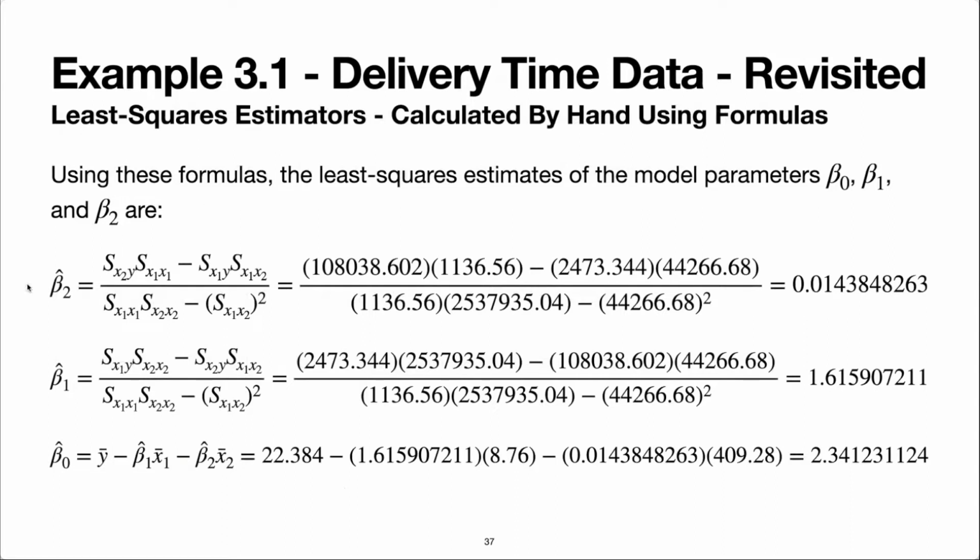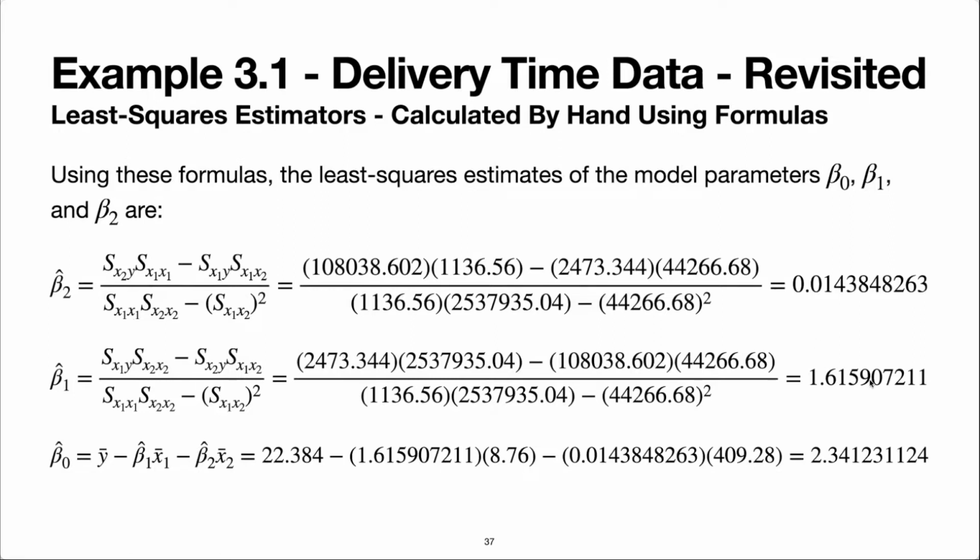And so I'll calculate beta 2 hat first. And that turns out to be, according to this formula, 0.01438488263. Now I'm utilizing as much precision as possible, to reduce round off error when I do these calculations. Beta 1 hat, using this formula, turns out to be 1.615907211.